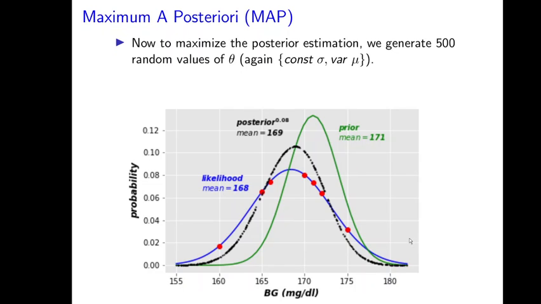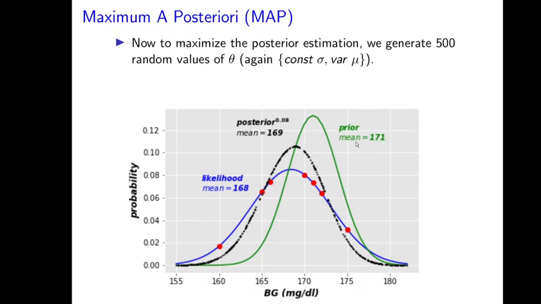As you can see here, we multiplied both distributions, both likelihood and prior distributions, in order to obtain the new posterior distribution.